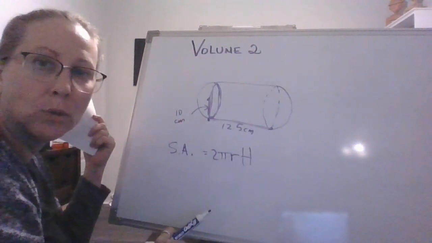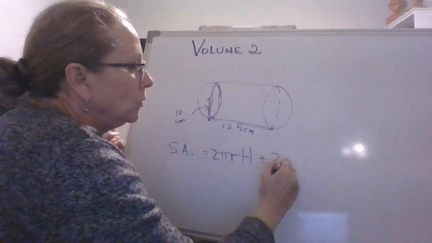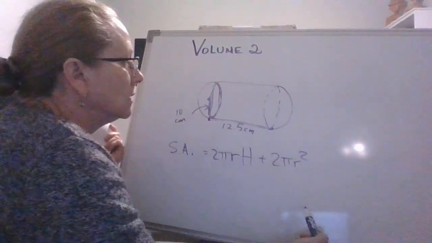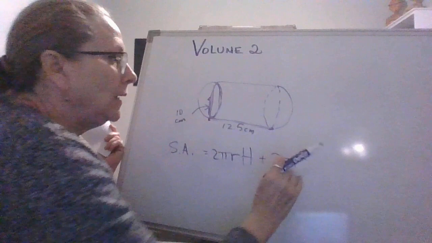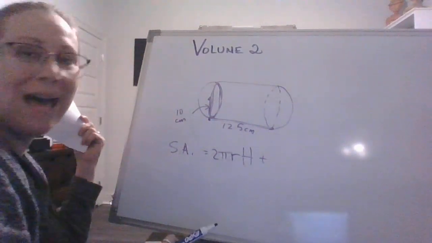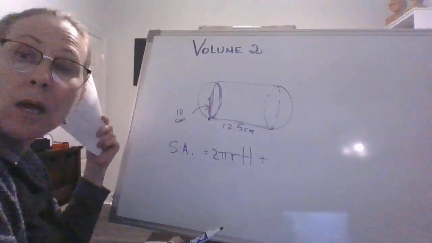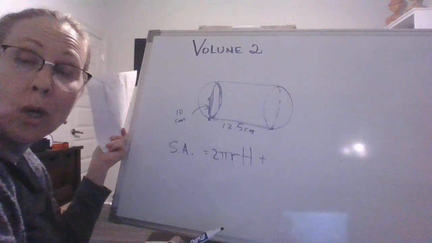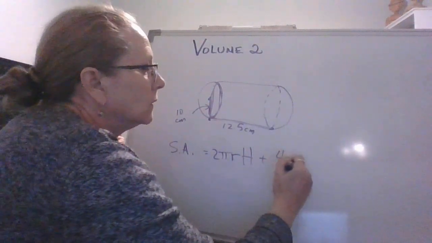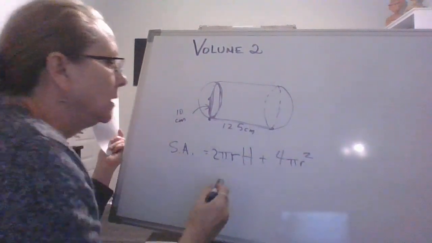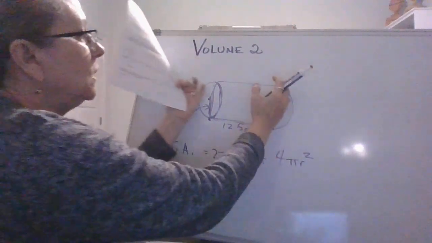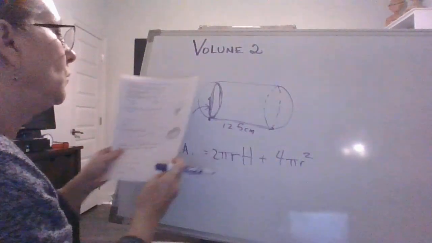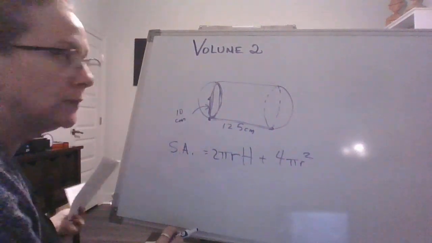We could put 2 pi r squared for the two bases, but those bases are not included because they're rounded ends. So instead of adding on the bases, we're going to add on the surface area for our sphere, which is 4 times pi r squared. Lateral for the cylinder, whole for the sphere, because if you take both of these spheres and put them together, you get one sphere.